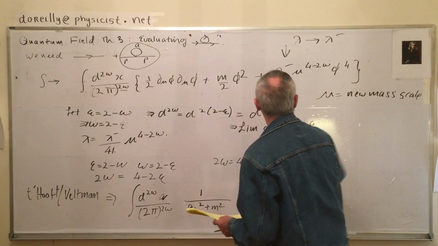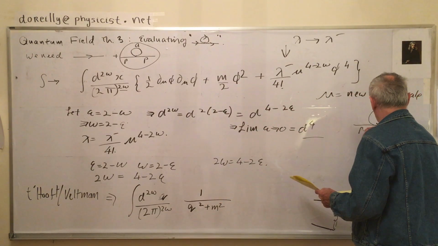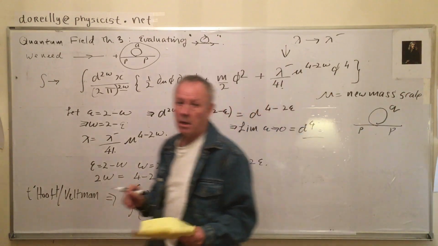Now I'm using a q squared for the loop momentum and p for the external momenta.